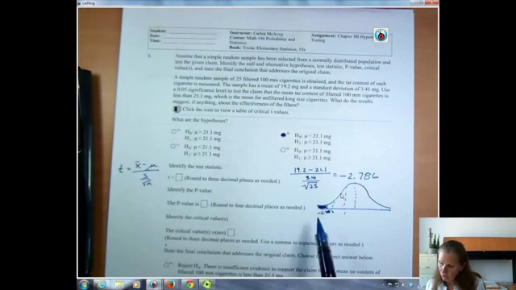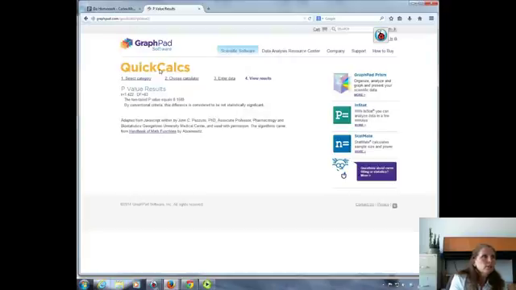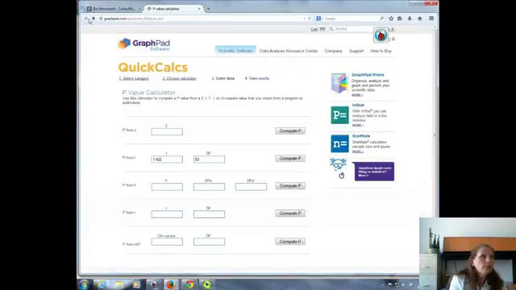I can go find that using that little program that I had. Let's do it. We had negative 2.786, and we had 24 degrees of freedom.